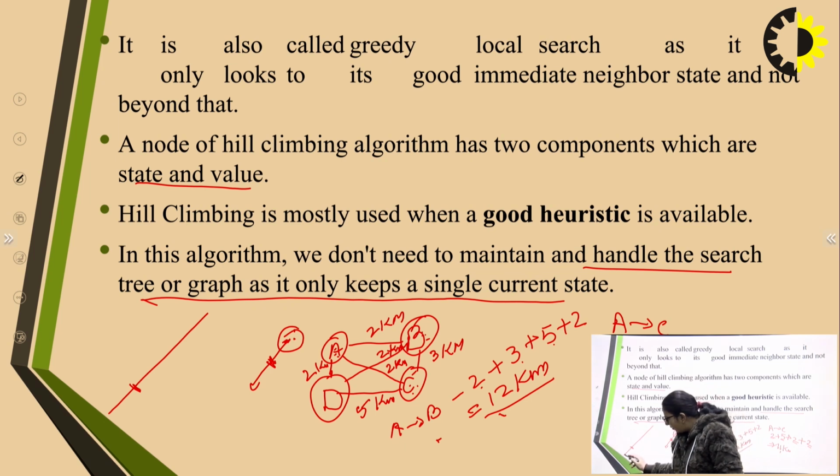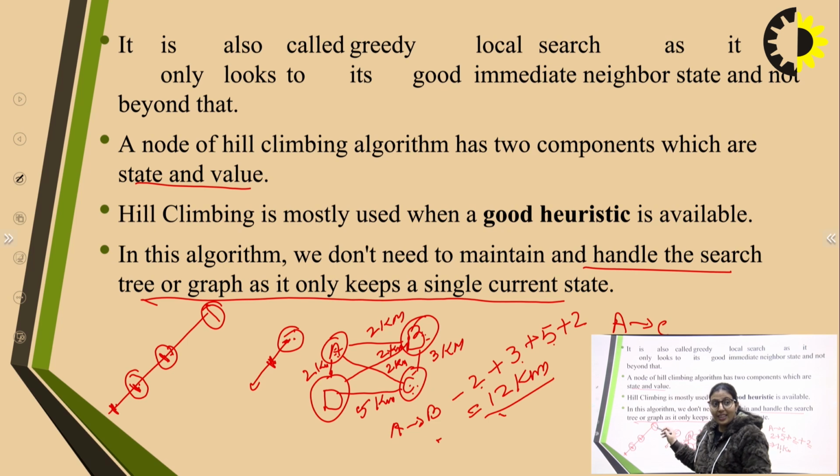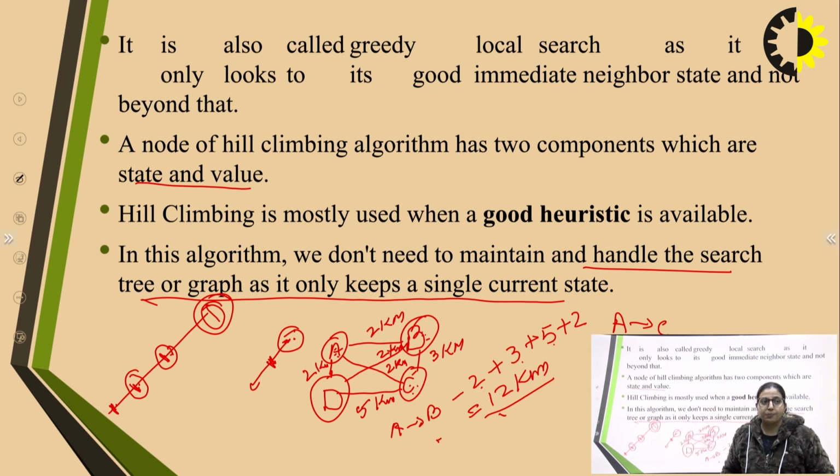While it compares the solution of the previous state with the current state, it finds the best solution. Now, this state and this state need to be compared, and this is the best solution. In the same way, this is the best solution. So it keeps only the single current state. So this is the solution for that particular problem.